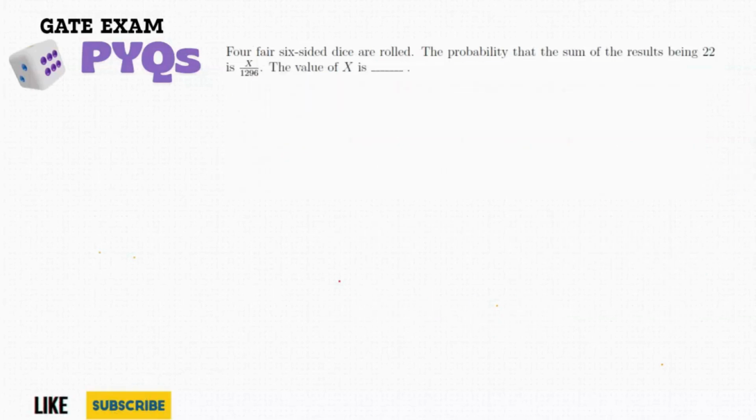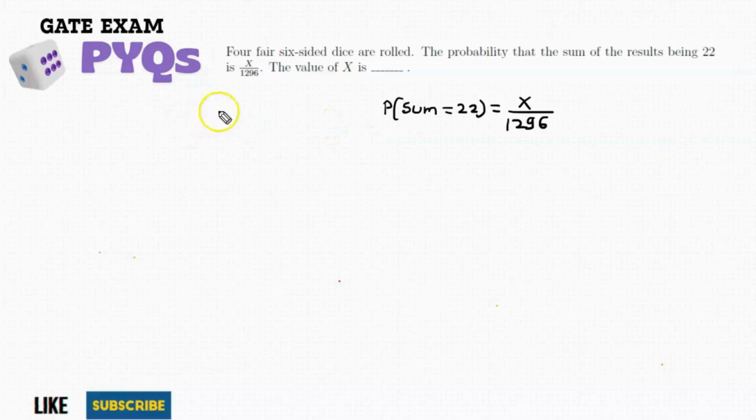It says that we have 4 fair 6-sided dice, and the probability that the sum of the results is 22 is given to be x over 1296. This we can do by guesswork.